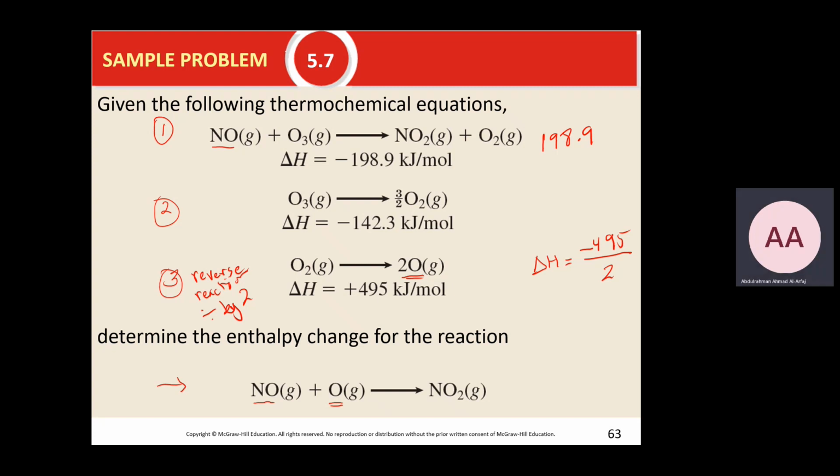How about the third one? Now I have on this side half O2, and I have 1 O2 here. But this is reversed, of course. You have to reverse the reaction. When you reverse it, what should I do to get rid of this O2? Because this reaction will be O going to half O2, and this is delta H for this reaction.